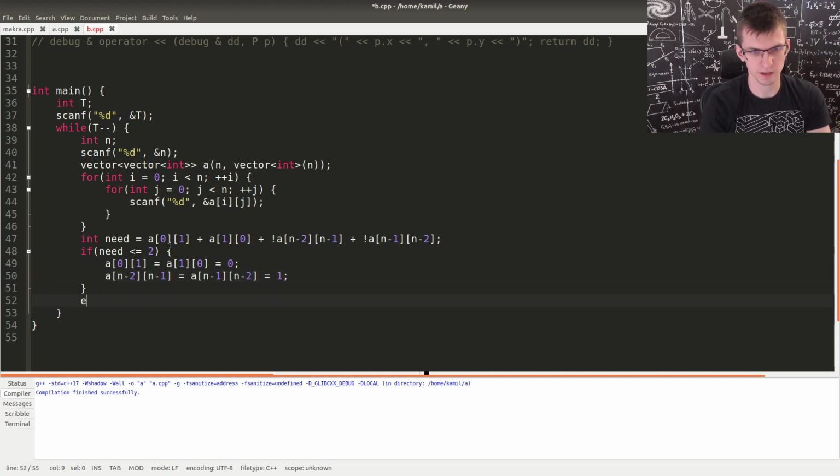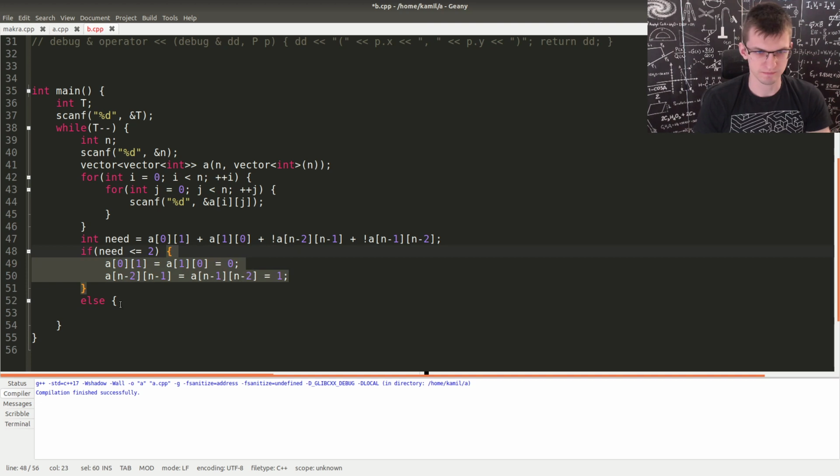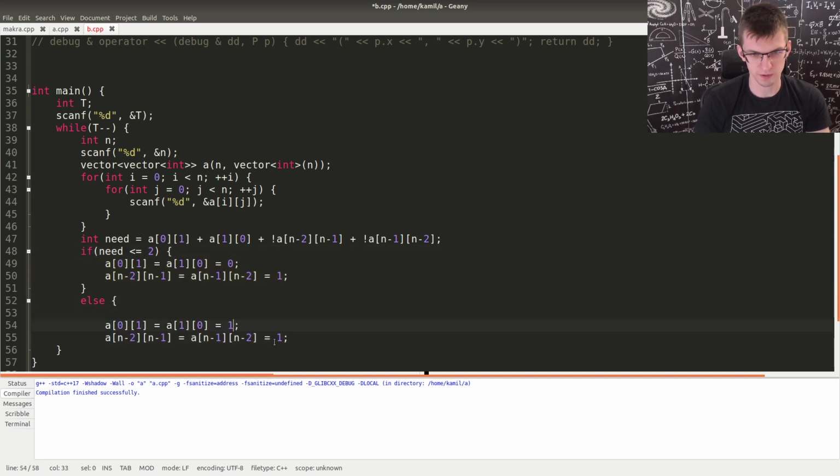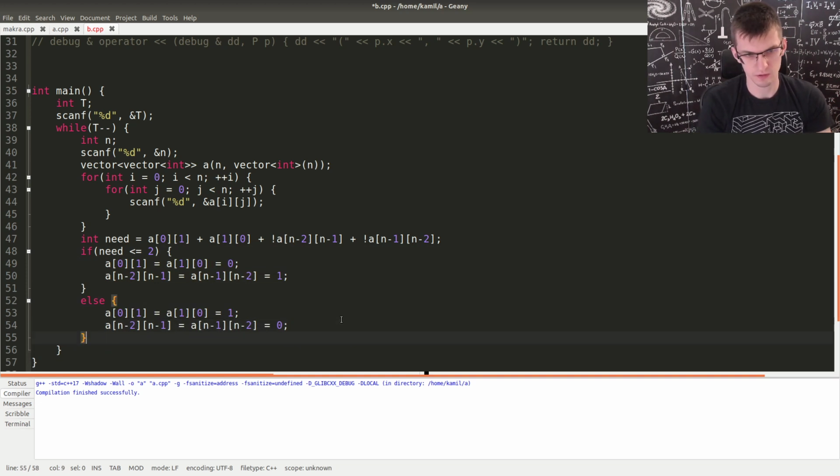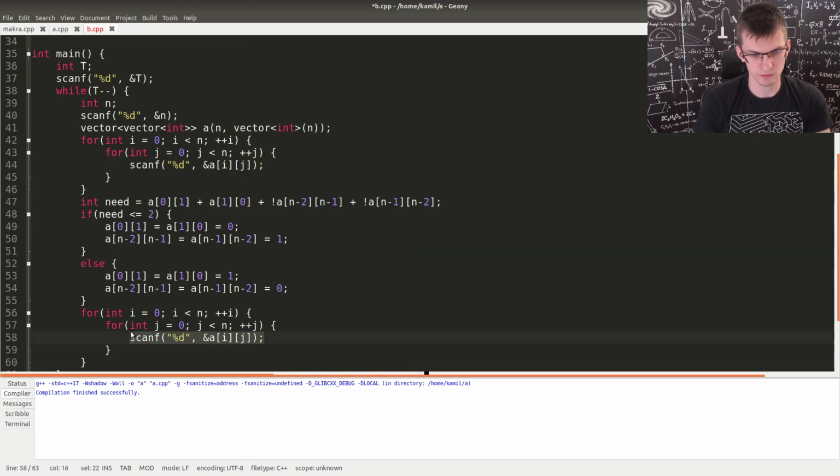And I print else. I don't even want to check because I assume this is correct. Short copy paste. Doesn't hurt that much. And print the grid.